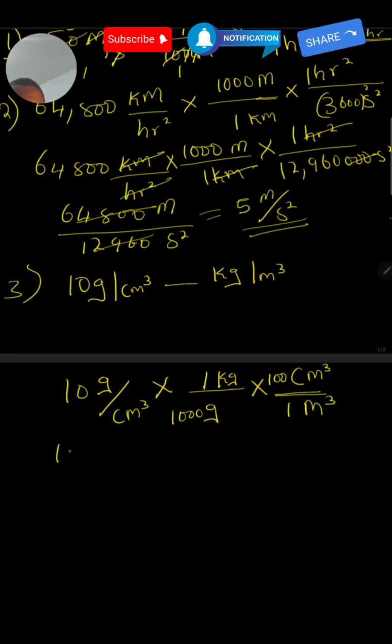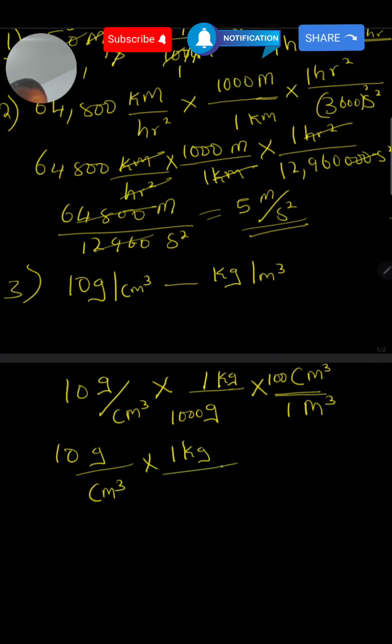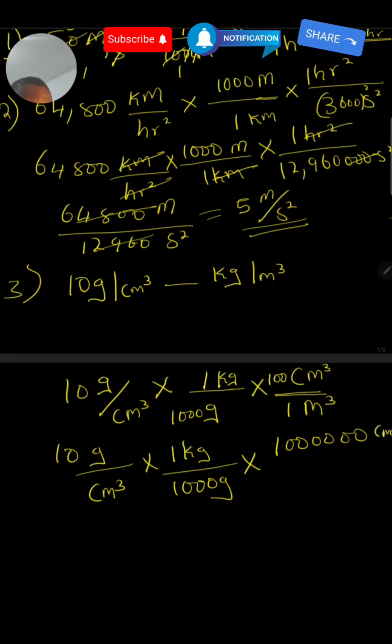So doing this, we have 10 gram per cm cube times 1 kg over 1000 gram times, now what is the cube of 100? It should be 1 0 0, another 0 0, another 0 0. This should be 1 million. So we have 1 million cm cube over 1 times 1 times 1, which is still 1 meter cube.